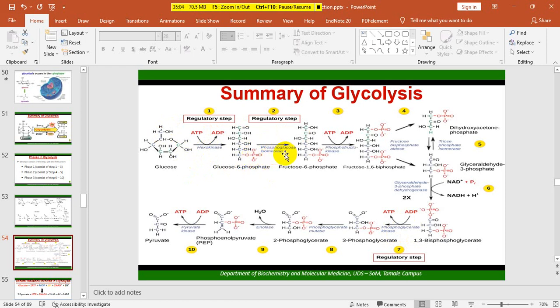Phosphoglucose isomerase isomerizes the glucose 6-phosphate to fructose 6-phosphate. You remember isomerization, that's a change of positions of some of the atoms or substituents on the molecule to create fructose 6-phosphate. We get the phosphate group from what? ATP.